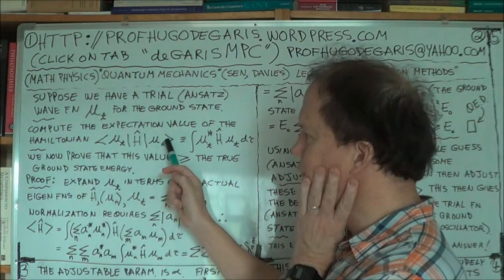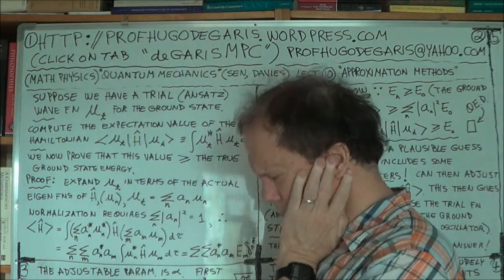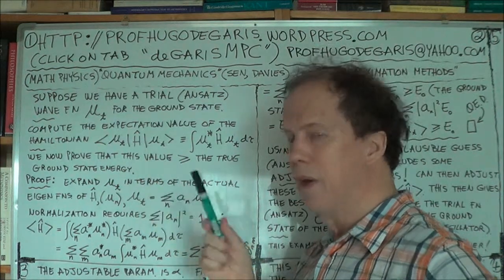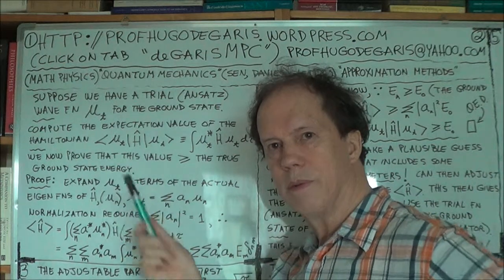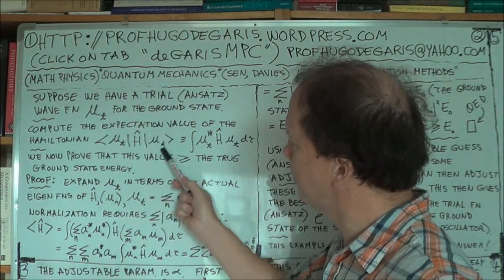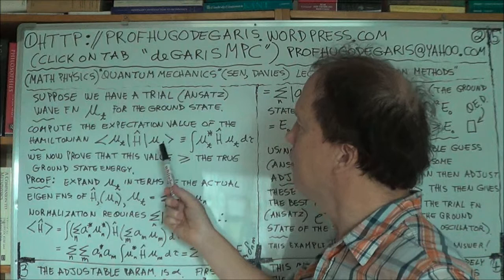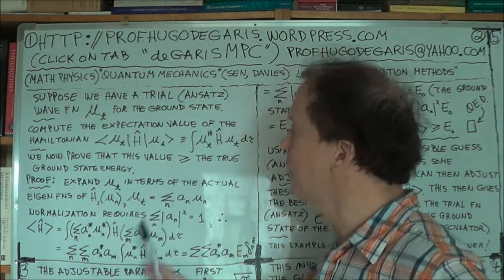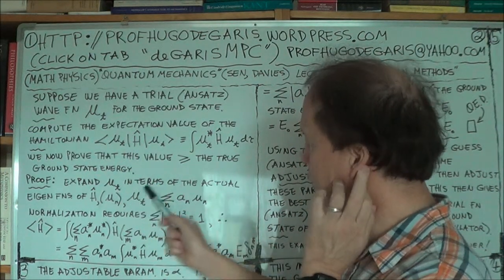The eigenfunctions, the eigenstates, all the same thing, of the Hamiltonian operator, form a complete orthonormal set. Remember, you've done that many times in the past. So let's expand this wave function, this trial function, this Ansatz, in terms of the eigenfunctions, eigenstates of H hat. So it would be of this form.